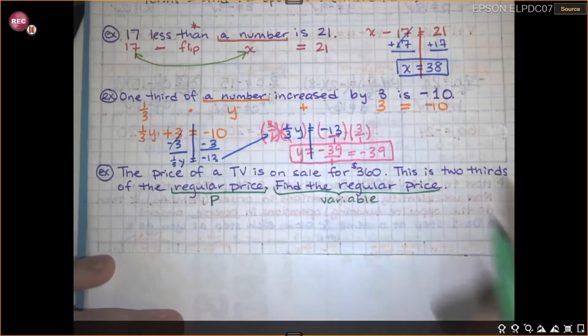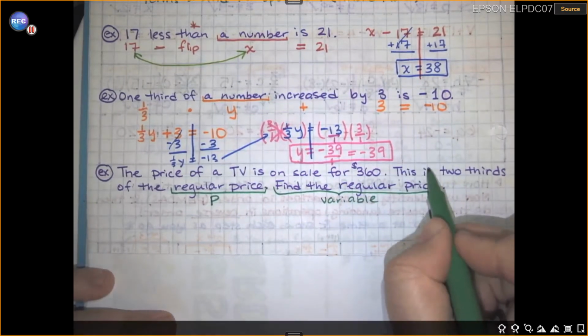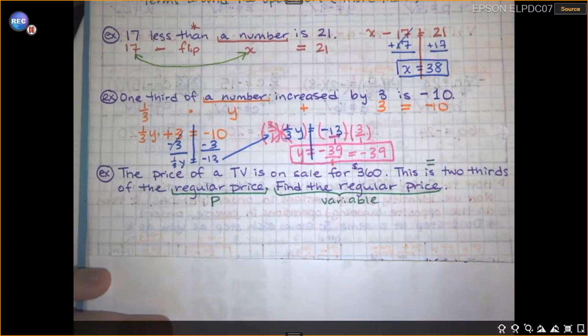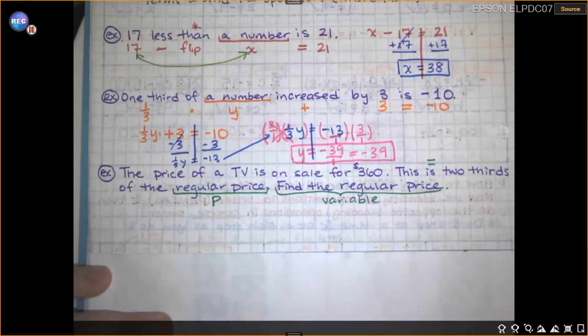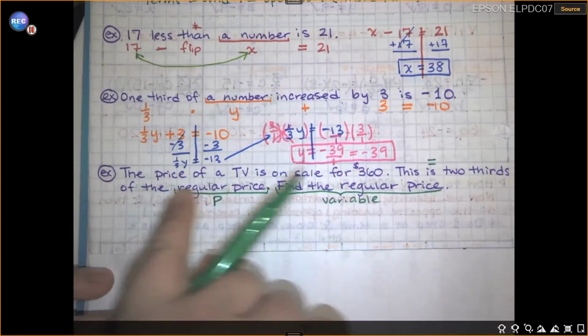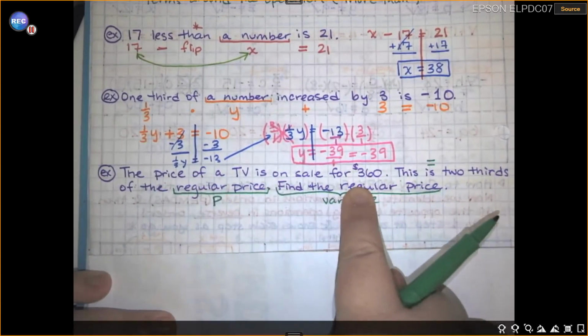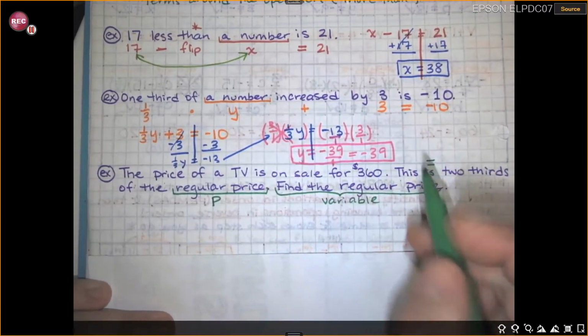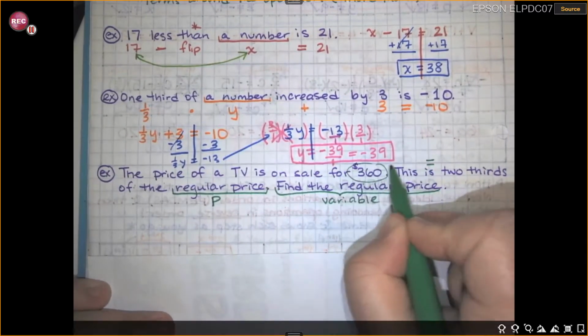Okay, so now here, I saw the word is right up here, which is equals, but it says this equals. What we need to do is go back to the sentence and determine what did it mean by this? Well, it says that the TV is on sale for $360. This is. So what it means is this $360.